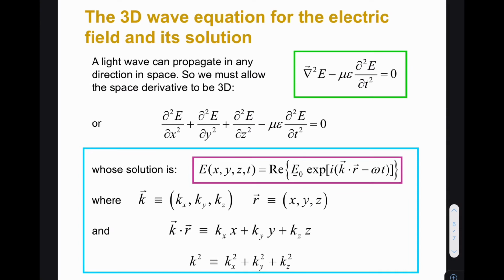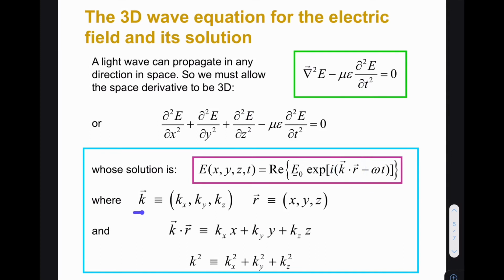Now, the solution of this three-dimensional wave equation will also have some three-dimensional quantities here. Previously, for one dimension, it was just the real part of E naught times e to the power i(kx minus omega t). Now, we have to replace that kx with this dot product between k vector and r vector.